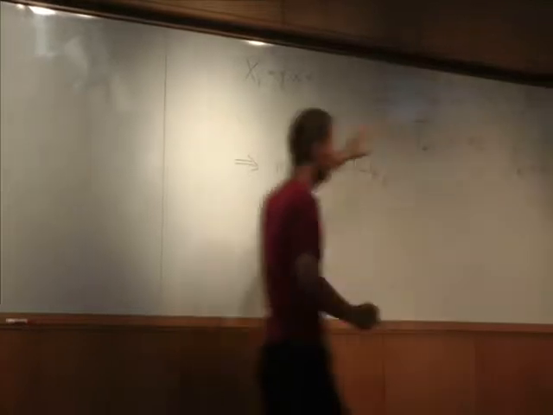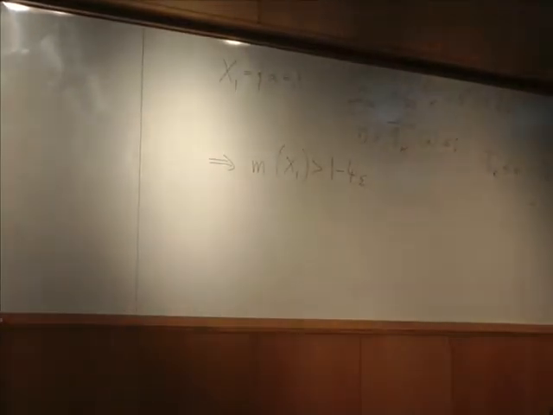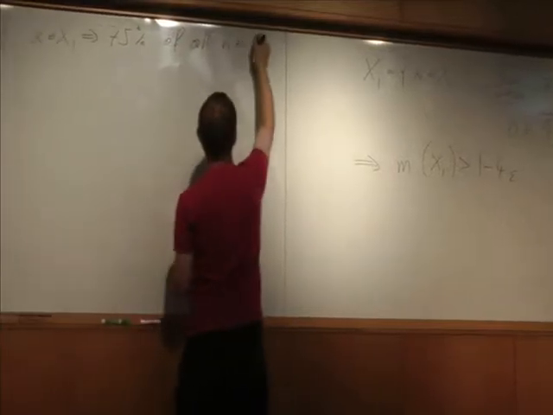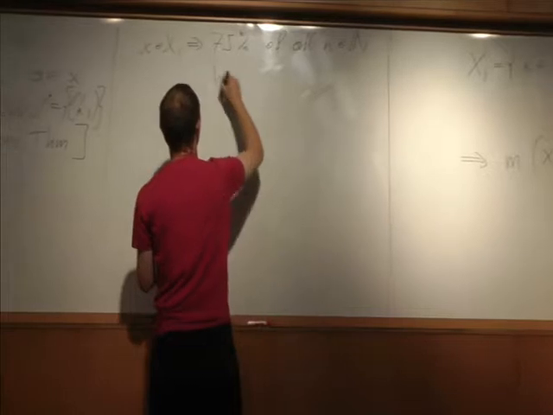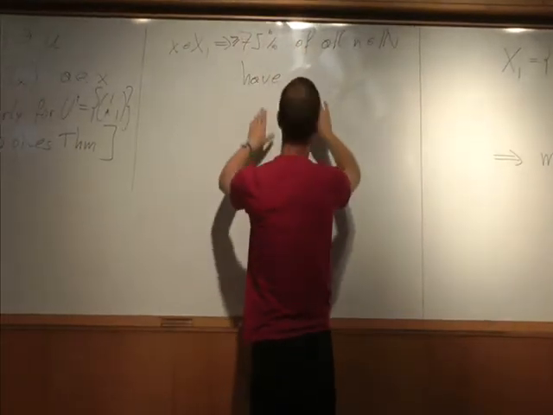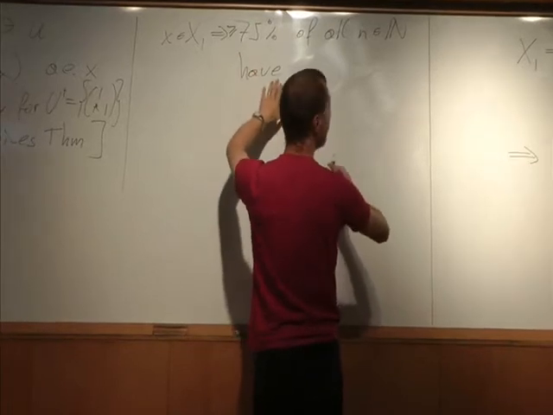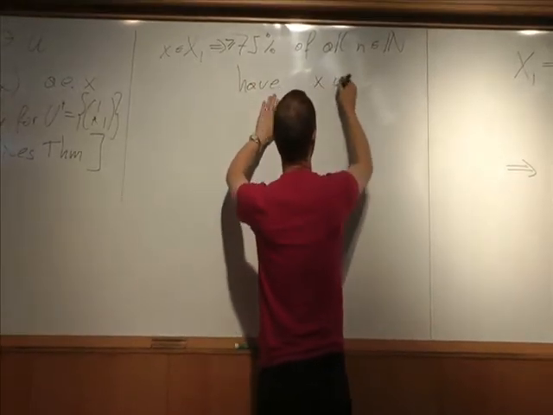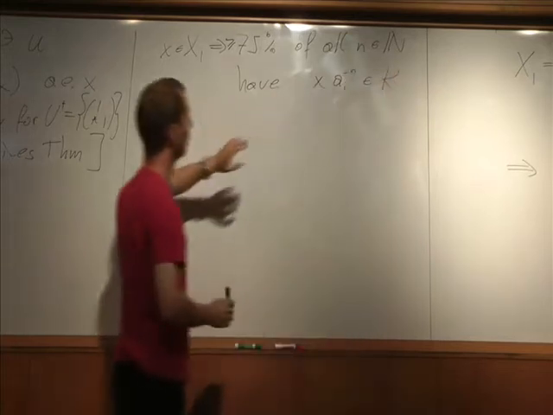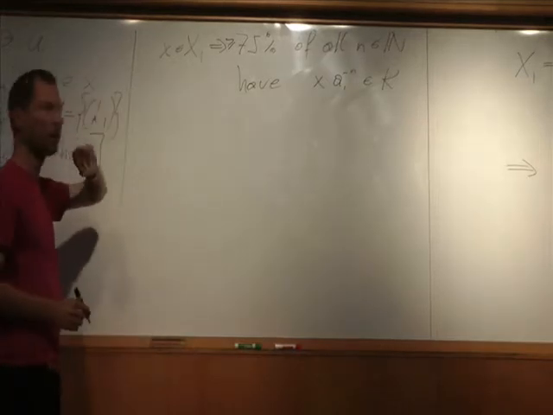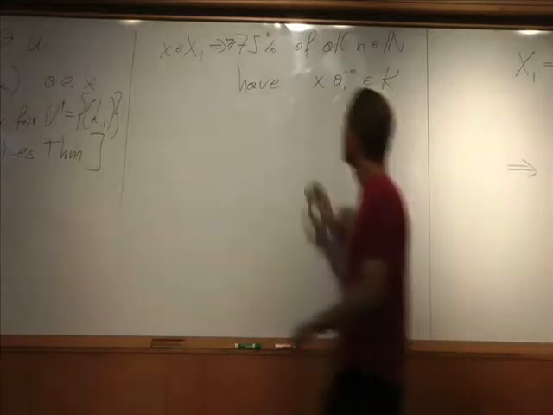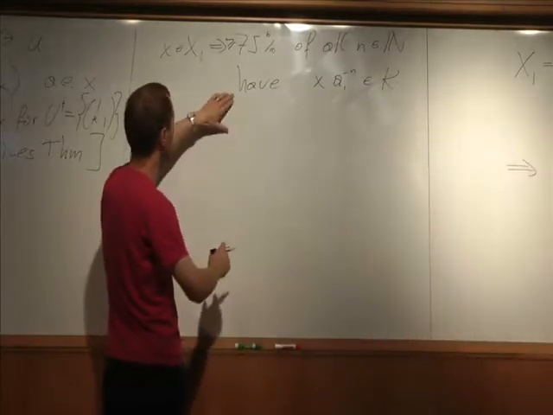75% of all n in N, maybe it's 100%, I don't know, but greater or equal 75% of all n have x a 1 to the minus n in K. Well, this statement is defined, of course, by that limit expression, but that's nicer to say.